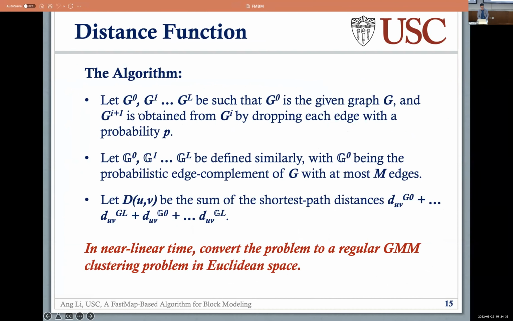Finally, we let the distance be the sum of the shortest path distances of all the subgraphs generated in the first two steps. And overall, in linear time, we can still convert the problem to a regular GMM clustering problem in the Euclidean space.